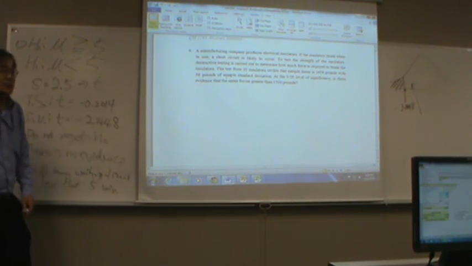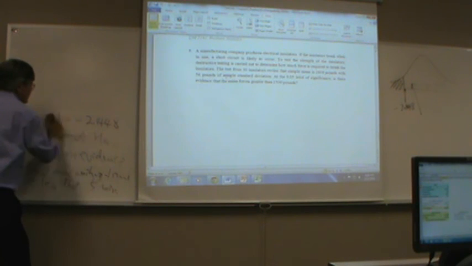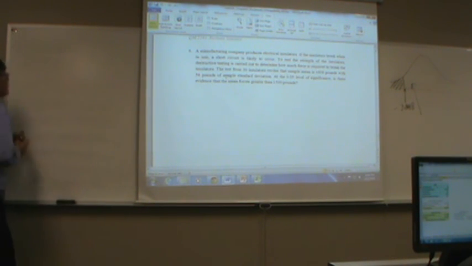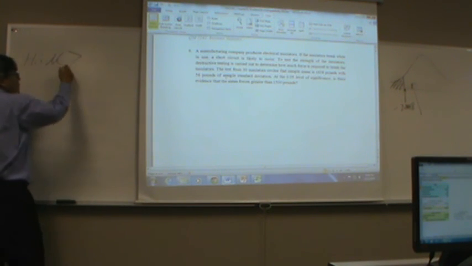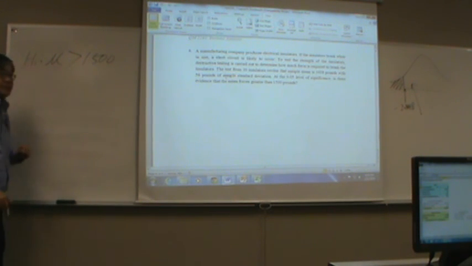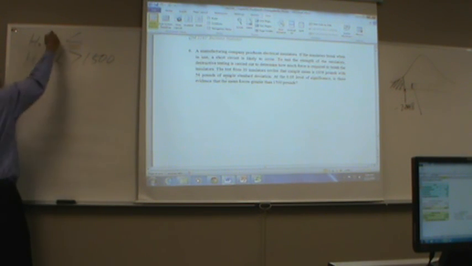Alternative H1 first. H1: mean greater than 1,500 pounds. H0 is the opposite side with an equal sign: less than or equal to.